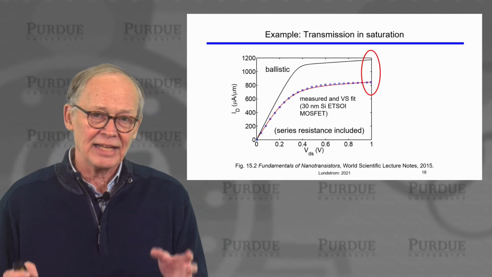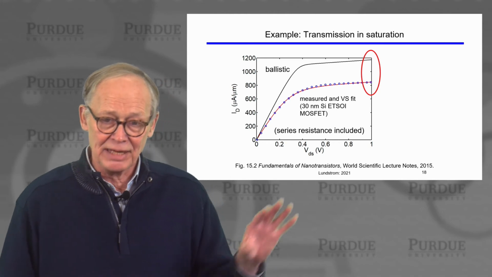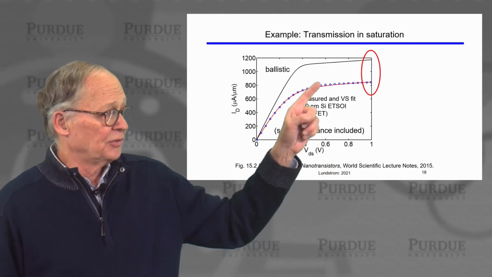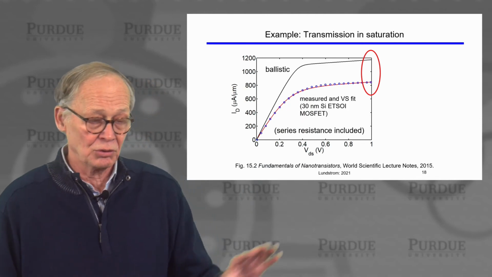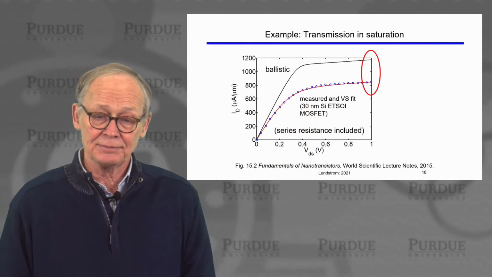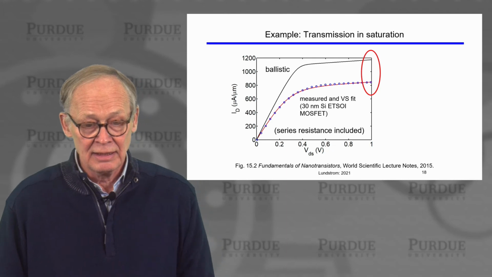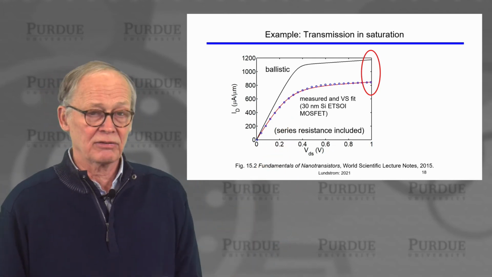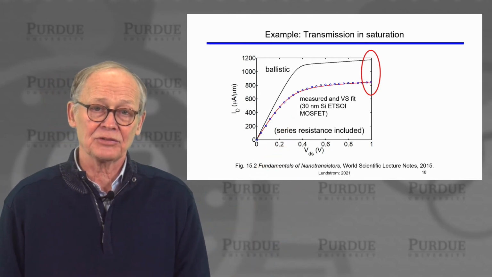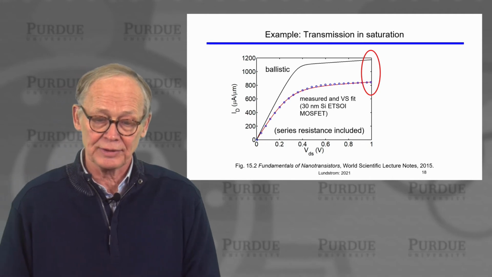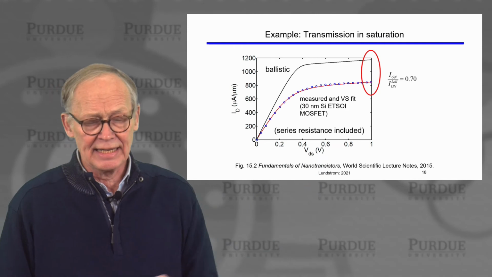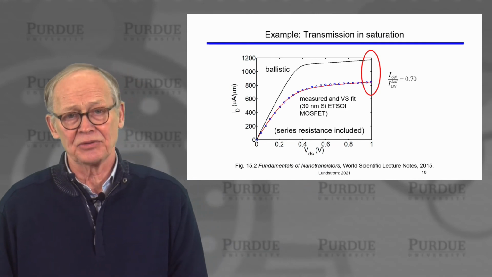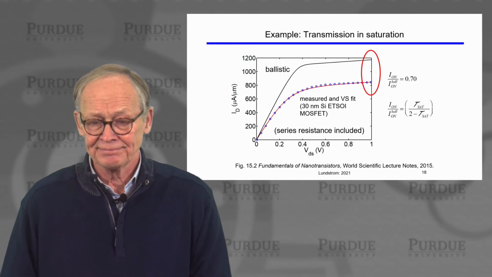All right, let's take an example and take a look at measured data. We've seen previously how we can compute the ballistic current. So we can compare the measured data to the ballistic current for this 30 nanometer channel length, extremely thin SOI silicon N-channel MOSFET. When we do that, we find that the on current is about 70% of the ballistic limit.